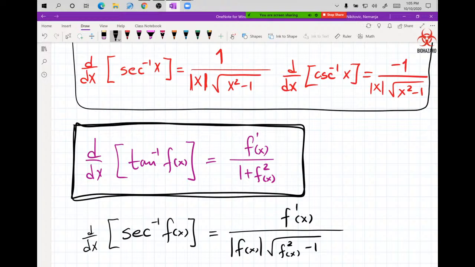It's a pattern, right? All x's are replaced with f of x because that's the function composition. And then everything is multiplied by the derivative of f, which is the basic chain rule. So now every formula in the future, for whatever, in Calc 2 you will learn hyperbolic functions, and they have 6 functions and then 6 inverse hyperbolic functions.